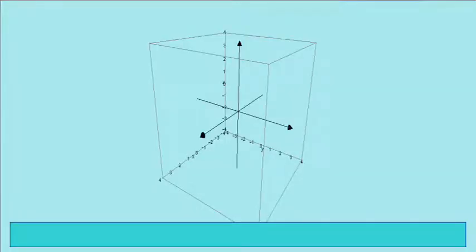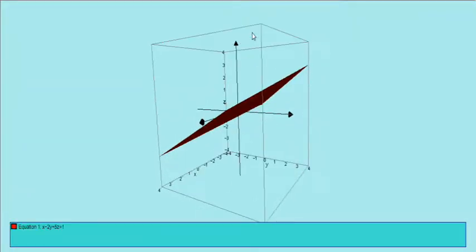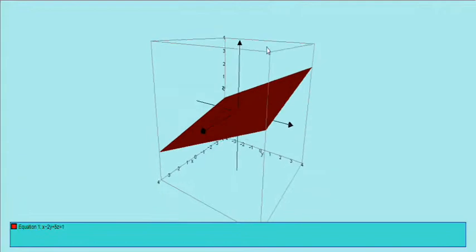Now we'll look at three planes that intersect at a line, which will give us infinite solutions. The first plane I'll graph will be x take 2y plus 5z equals 1, which we have here.